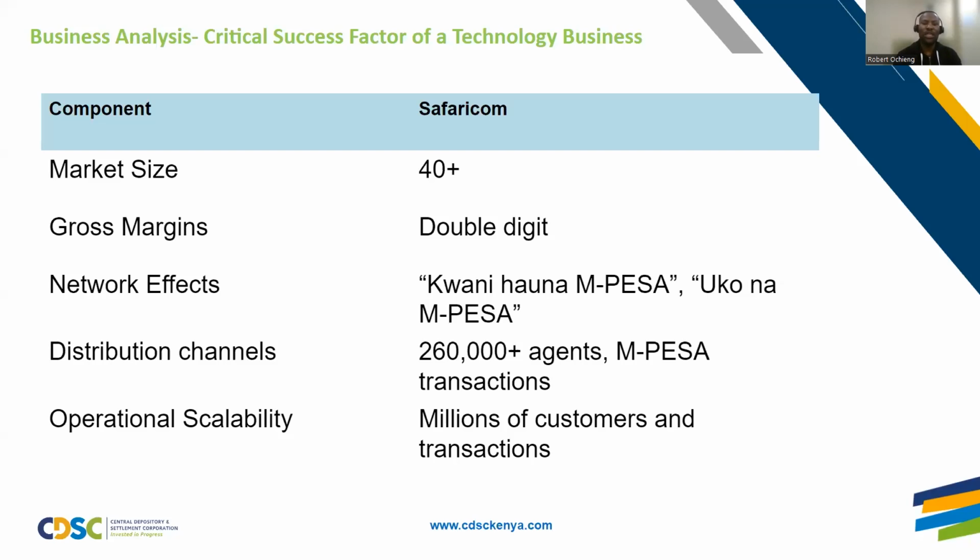So you need to check if that company ticks that box, that in terms of market size, there's a huge addressable market that they can reach, and also gross margins. So when you're in a business that needs you to reach many people, like power, we have Kenya Power right there, KenGen, you need to be in a position where you can make good margins and reinvest part of the money that you're making to build the infrastructure, because I still want to make calls when I'm in Turkana, when I'm in Mombasa, Nyamira.